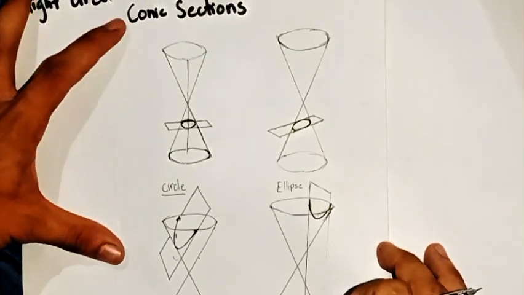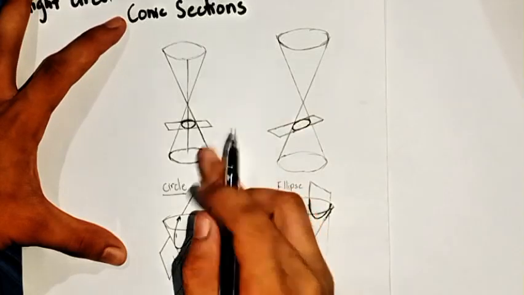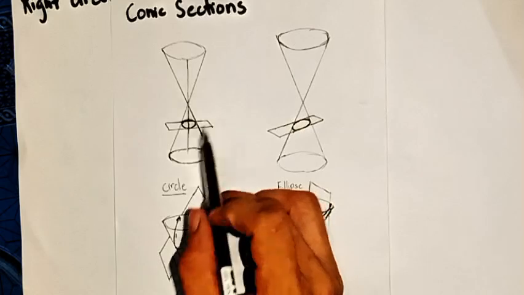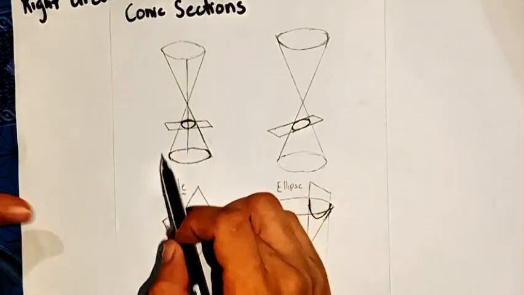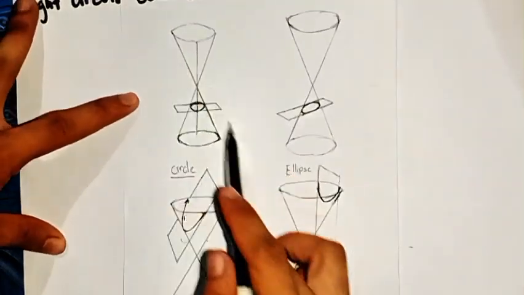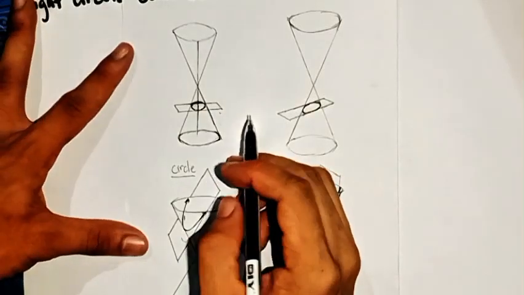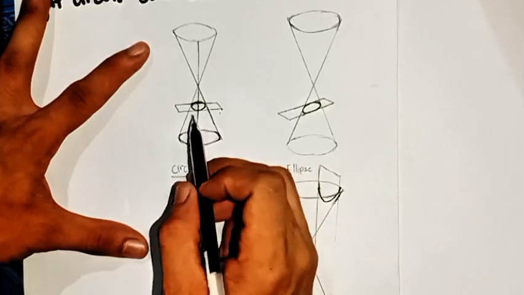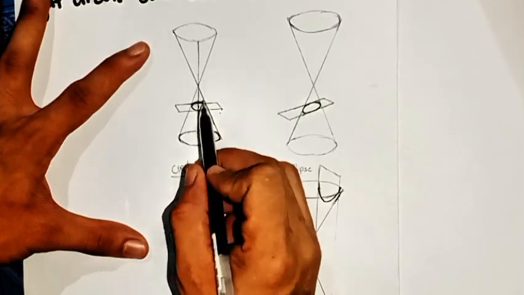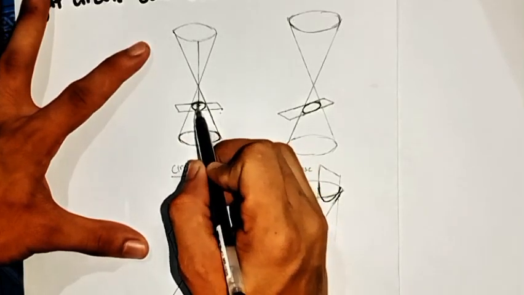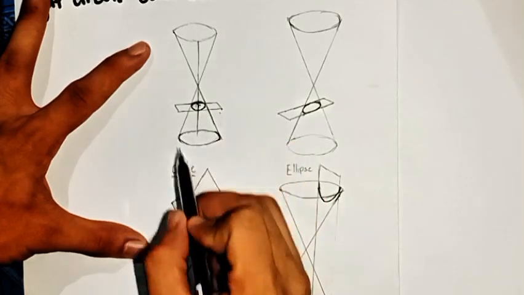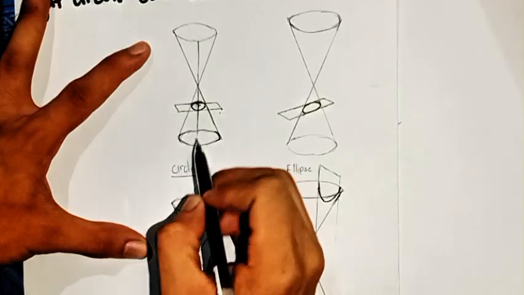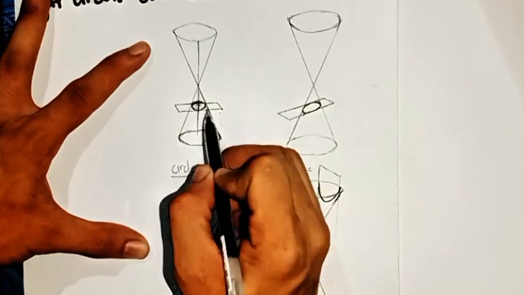Now, let's start with the first figure. As you can see, this is our plane and this is our right circular cone. If a plane cuts the right circular cone perpendicular to our axis, or parallel to our base, it can create a curve called a circle.